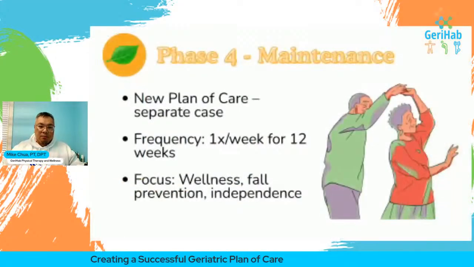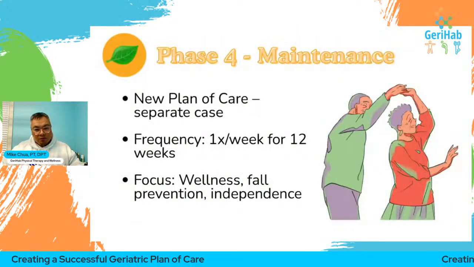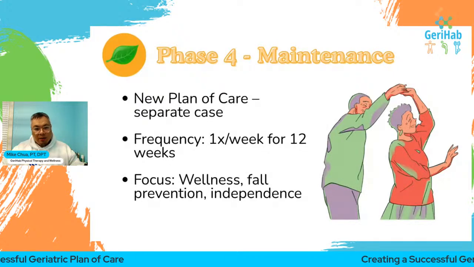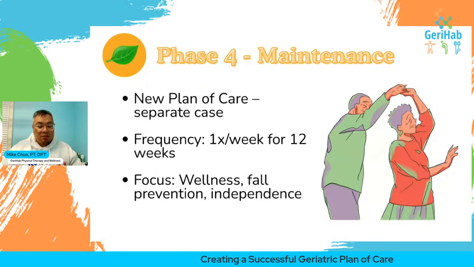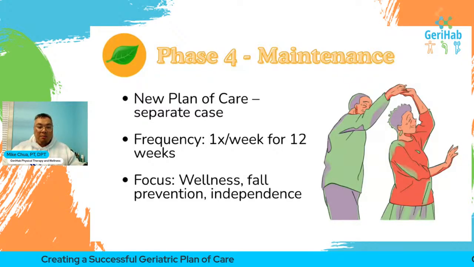Our goal is to take care of the patient, bring out the best in them, and then maintain them so they don't fall again. The usual frequency that we use for a maintenance plan of care is 1 time a week, especially for MS, Parkinson's, Alzheimer's, dementia. The focus is fall prevention and independence.